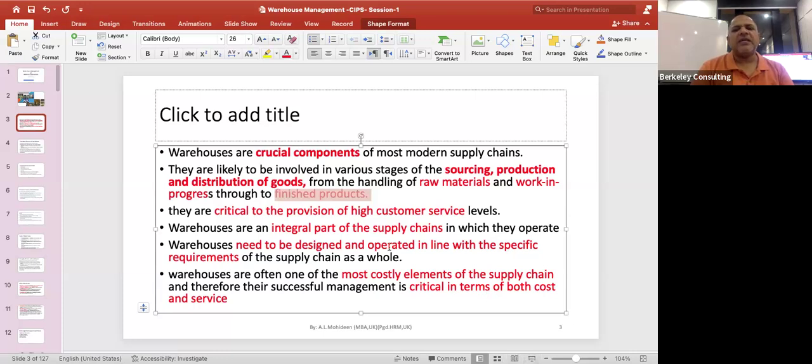Right. So basically, if you look at the warehouse, the materials are stored according to the sensitivity. For example, certain products are highly sensitive. Highly sensitive products, you have to keep them in the freezer.